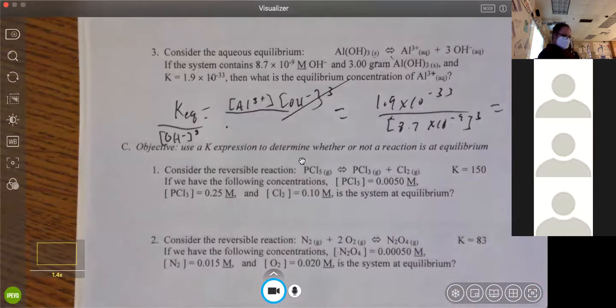Everybody remember how to put these fun things into our calculators? Use the E button, negative 33, divided by 8.7 times 10 to the negative 9th, but we need to cube that. Probably should put some parentheses around that. Cubed.